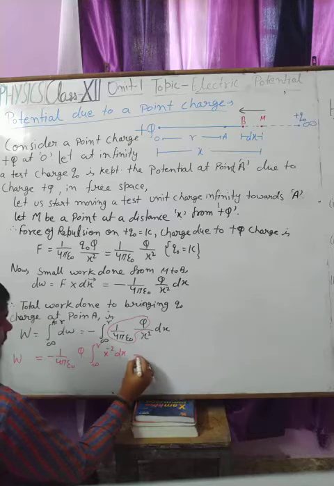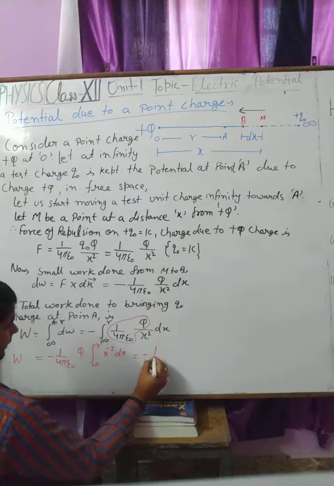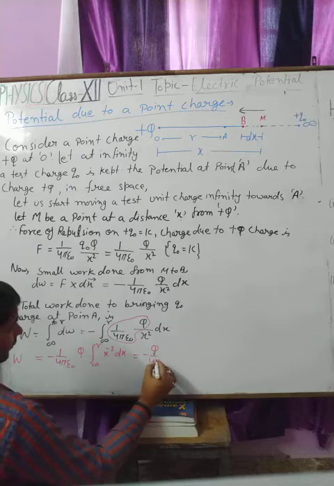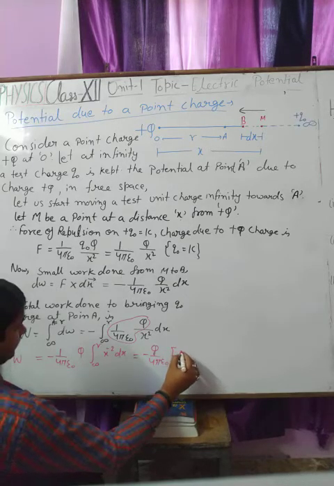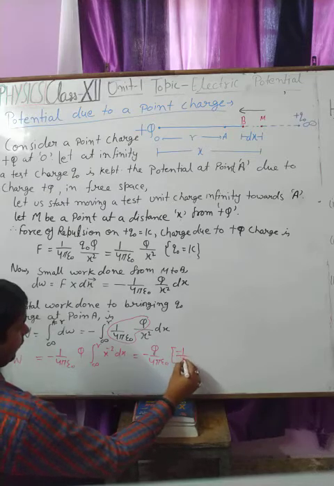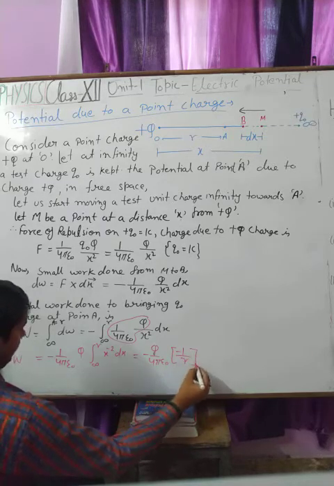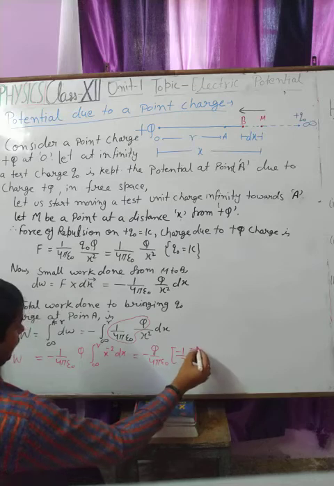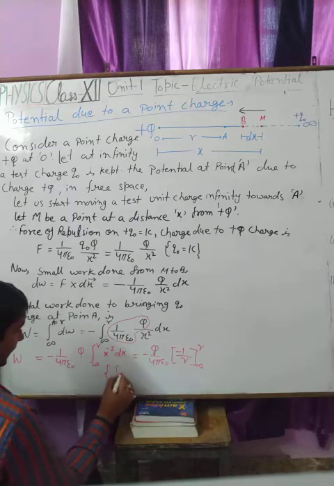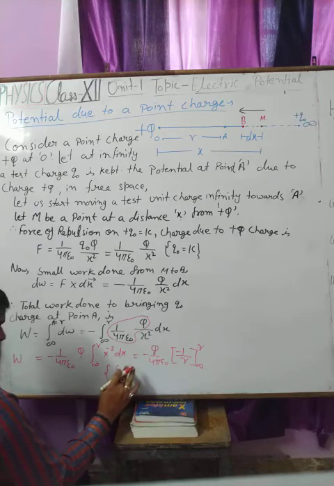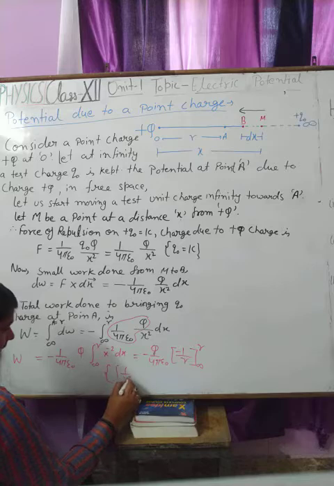Okay, now this gives the result minus q upon 4 pi epsilon naught times the integration of 1 upon x square dx.